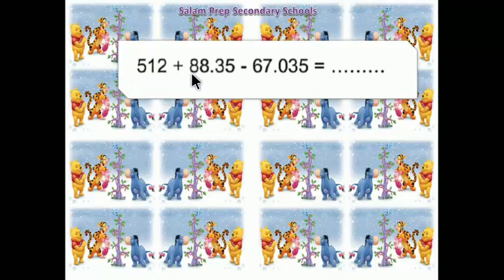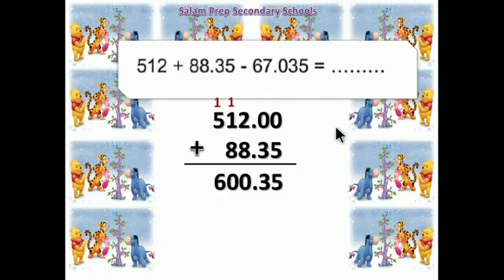512.2 plus 88.35 minus 67.035. Okay? We have two operations, adding and subtracting. First, we will add two numbers together. Okay?